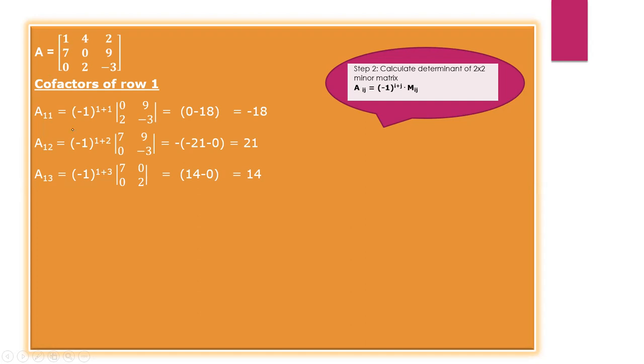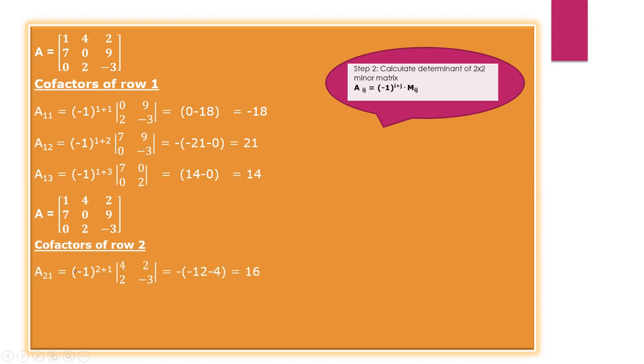Okay. Now, moving towards finding the cofactors of row 2. I have written the matrix down again here. Now we are focusing on the second row. Now for second row, first column, we have to eliminate them for finding its minor.